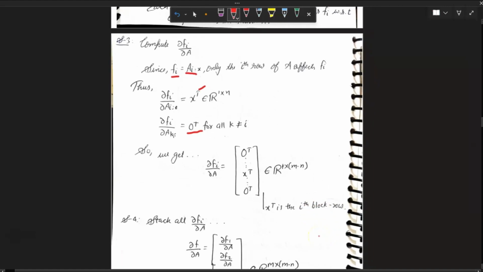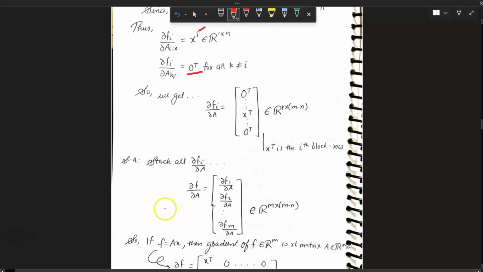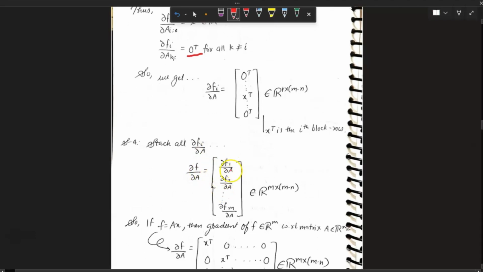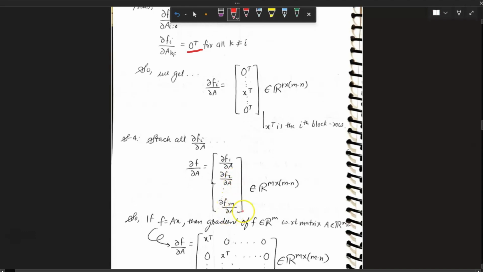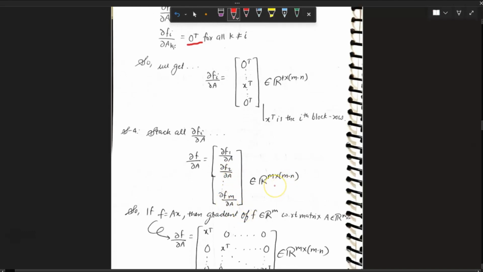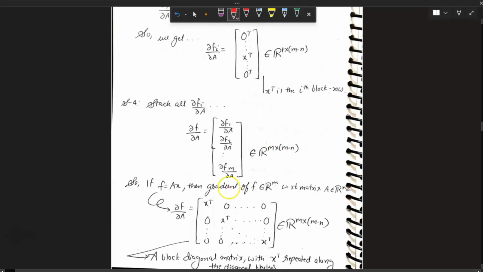Any ith block row can be x transpose. Then finally we do the stack of all ∂f_i/∂A. So ∂f/∂A is equal to ∂f1/∂A, ∂f2/∂A, up to ∂fm/∂A, which belongs to R^(m × m·n).